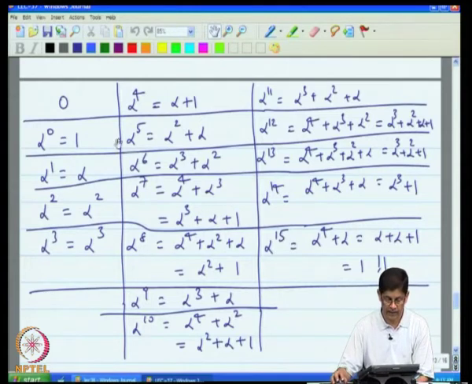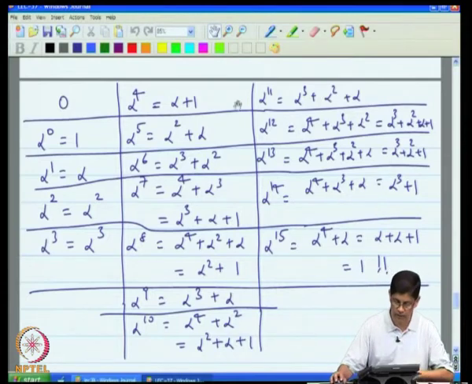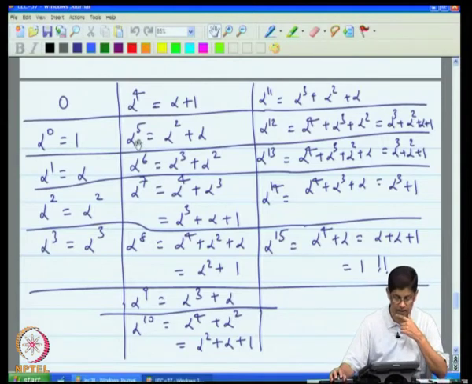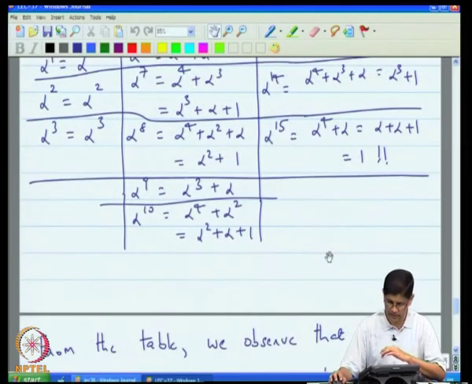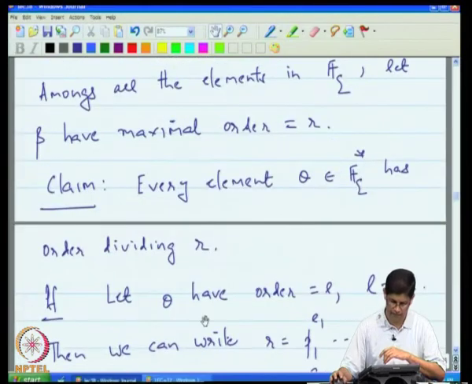And interestingly, what the claim is saying is that every non-zero element, so you exclude the 0, must have order that divides 15. So you can actually verify, for example, that alpha to the 5 has order 3, alpha to the 7 has order 15, alpha to the 3 has order 5. So all the orders actually divide 15, and that is the content of this claim.